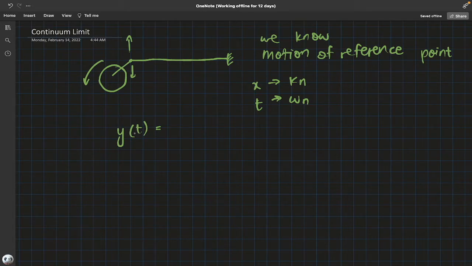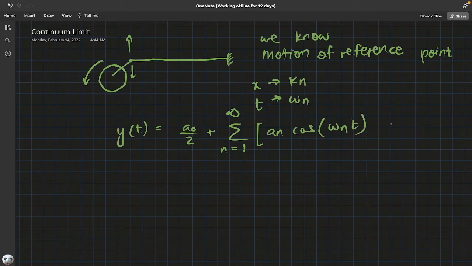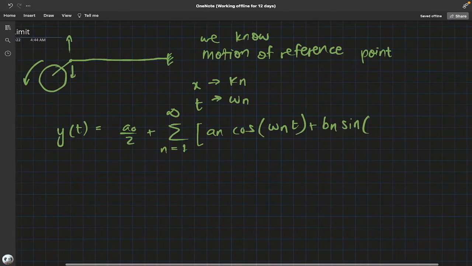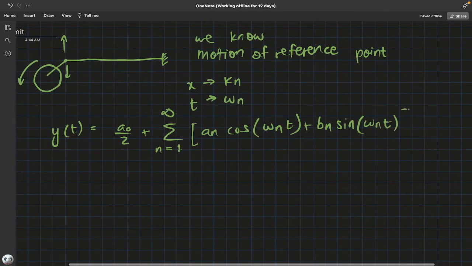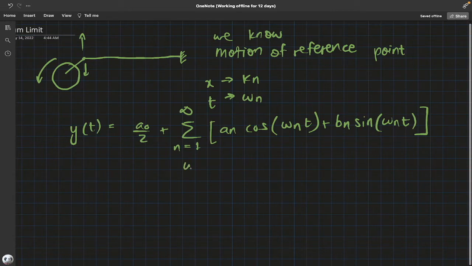So y of t at x0, the motion at the endpoint, we can again write as a naught over 2 plus the sum from n equals 1 to infinity of a n cosine of omega n t plus b n sine of omega n t, and omega n is 2 pi over capital T, where capital T is now the time period of this oscillator.